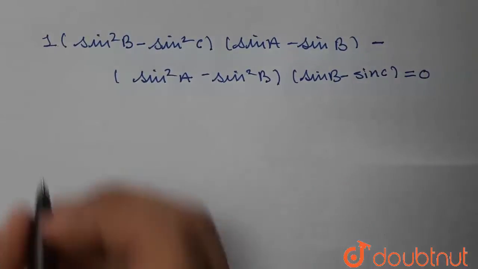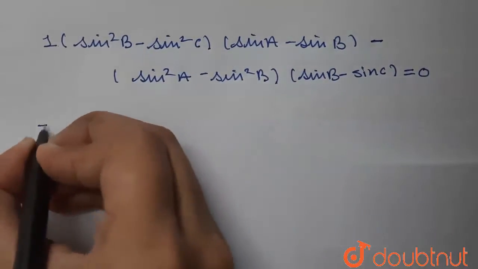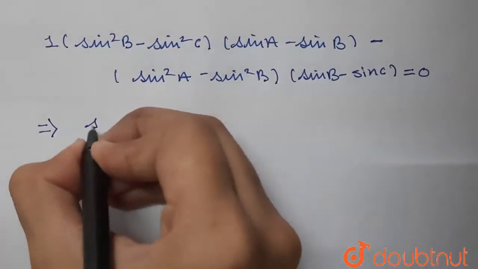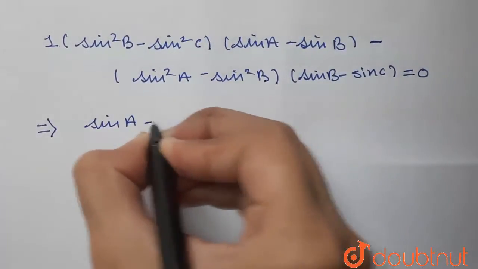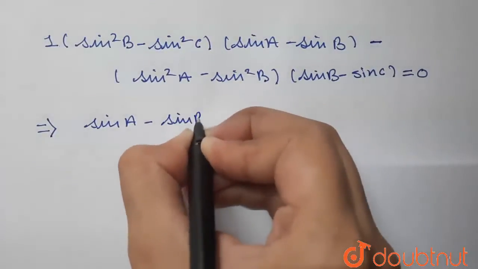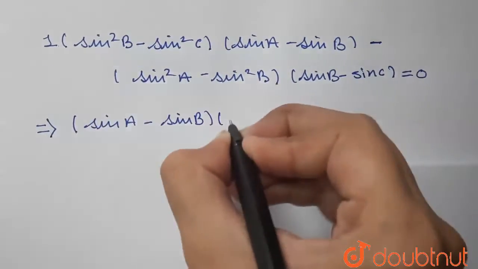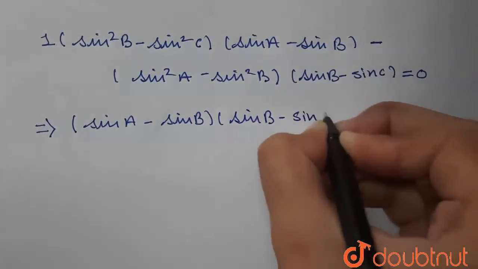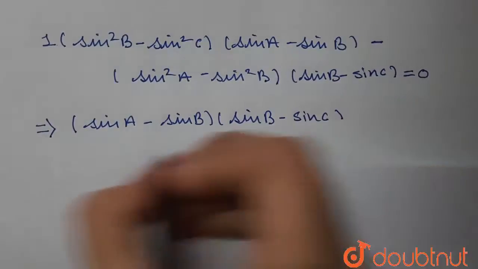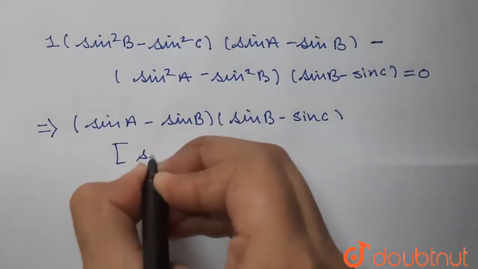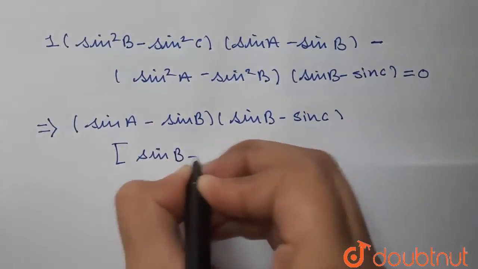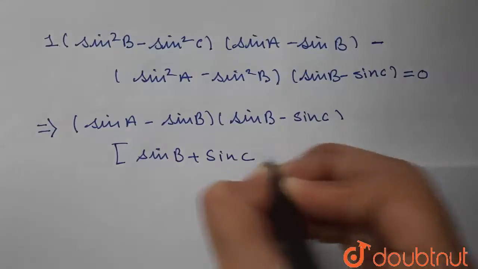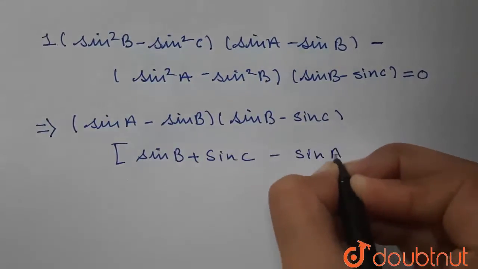Okay, now on further simplifying this, we will get (sine A minus sine B) into (sine B minus sine C) into [(sine B plus sine C) minus (sine A plus sine B)].